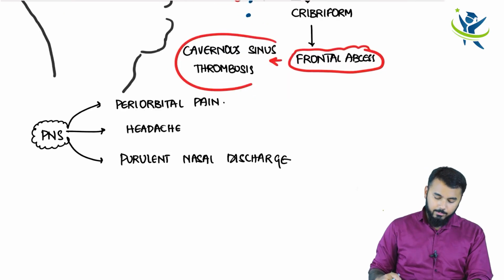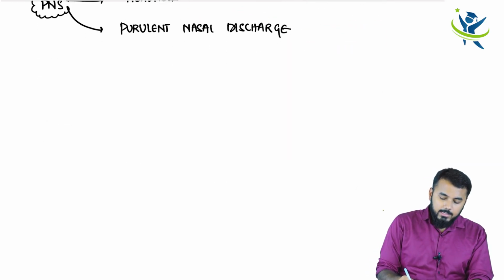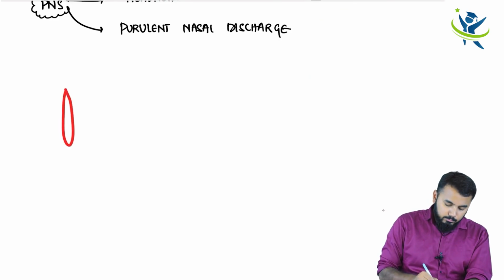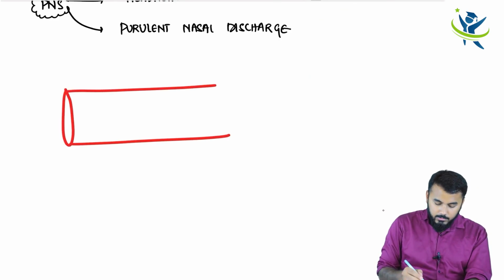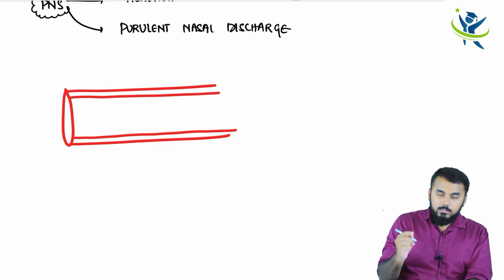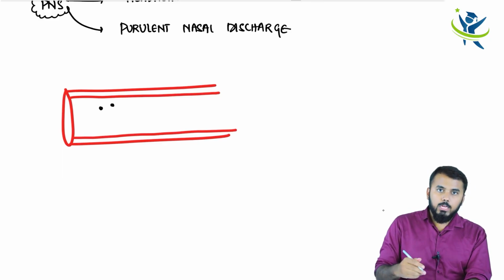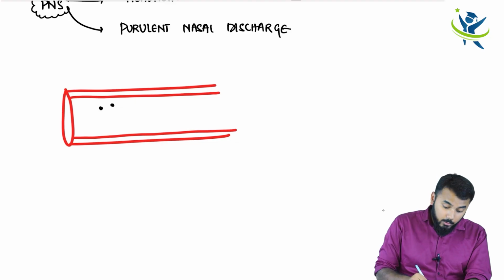Okay. Another important thing is that, for example, let us say this is the blood vessel, right? I'm drawing the wall of the blood vessel a little bit thicker on both sides. These spores or infection, where do they grow? Where do they proliferate? They proliferate within the wall of the blood vessel.